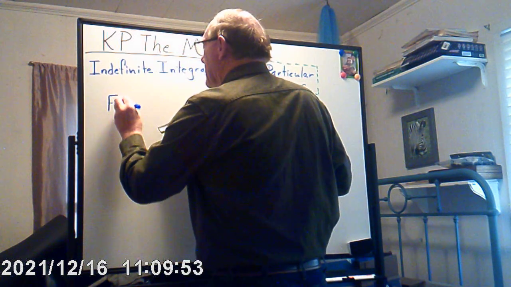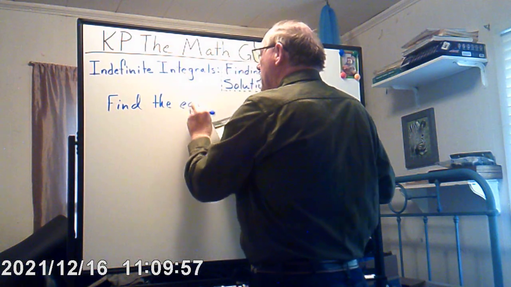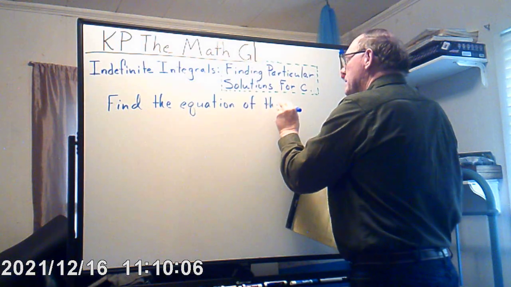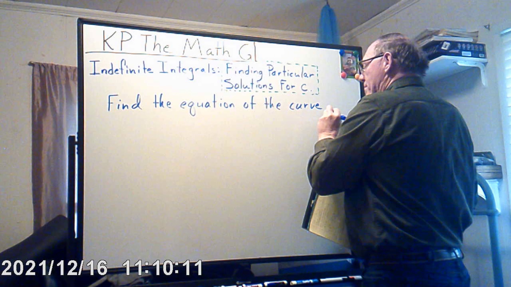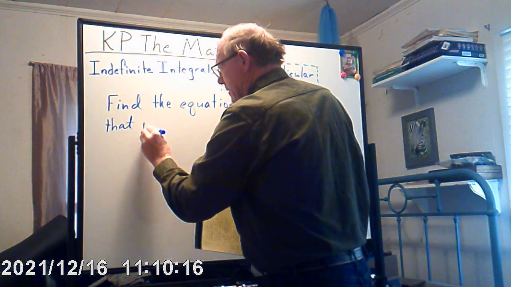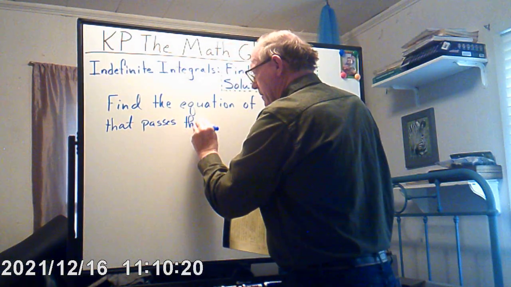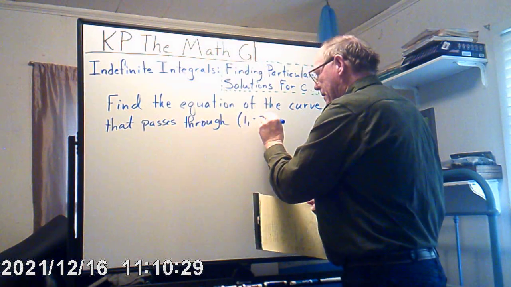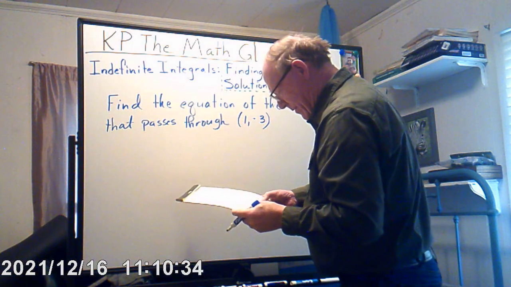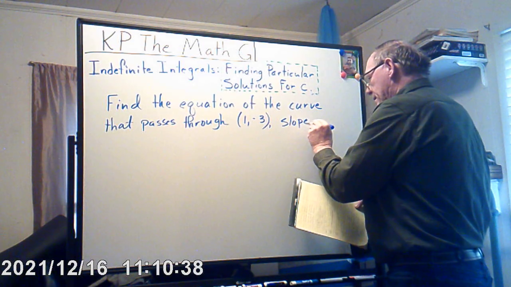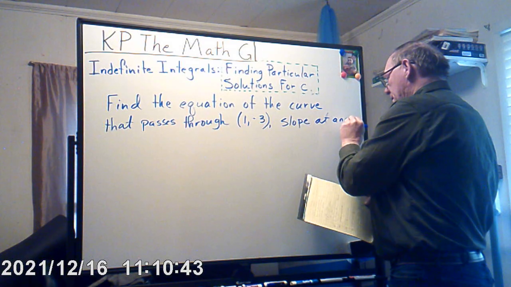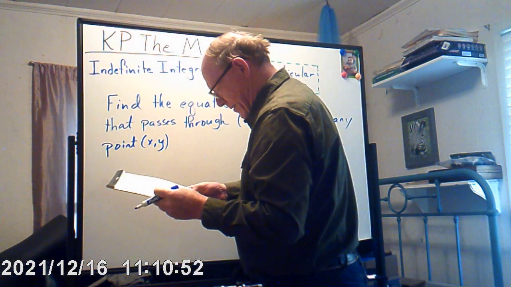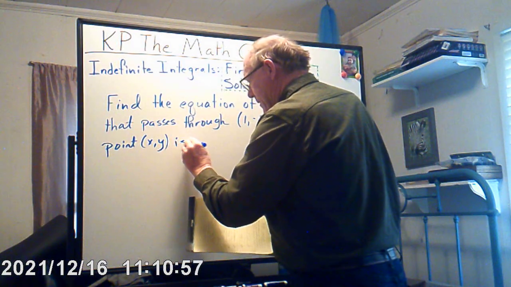We want to find an equation of the curve that passes through (1, -3), and the slope at any point (x, y) is 3x squared plus 4x.